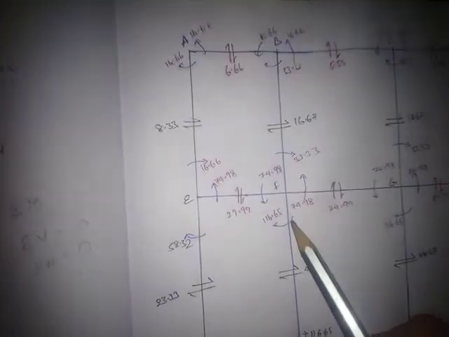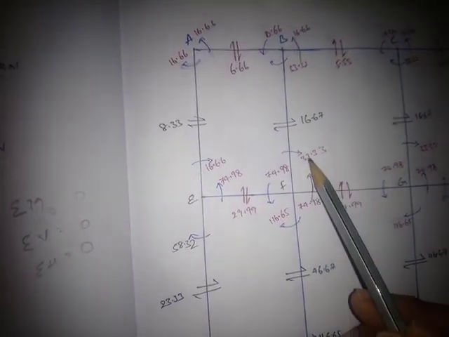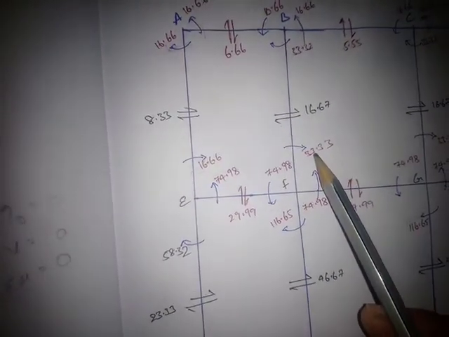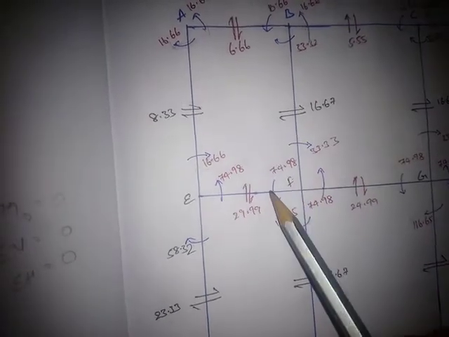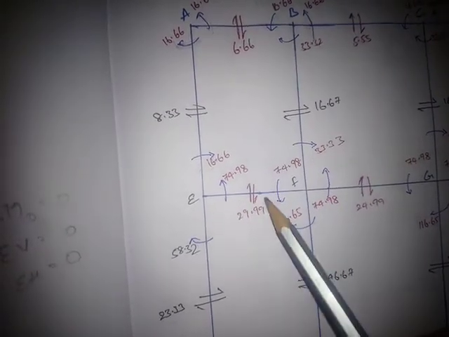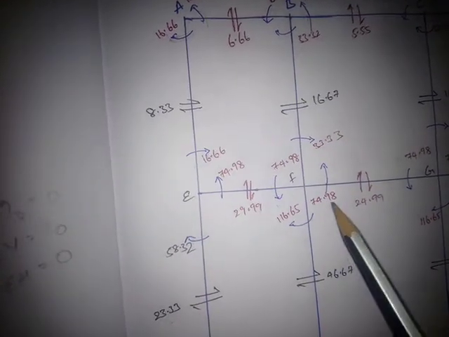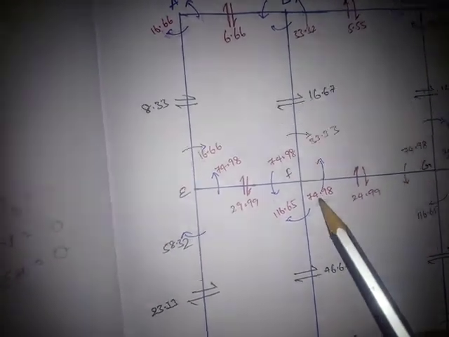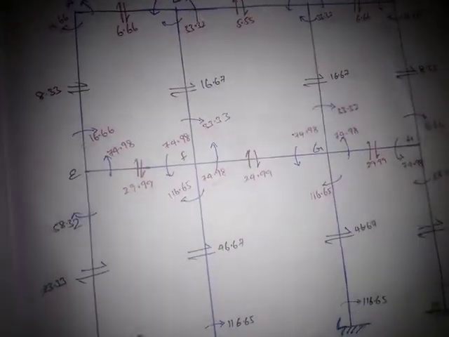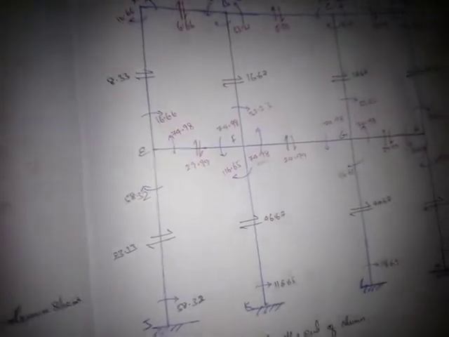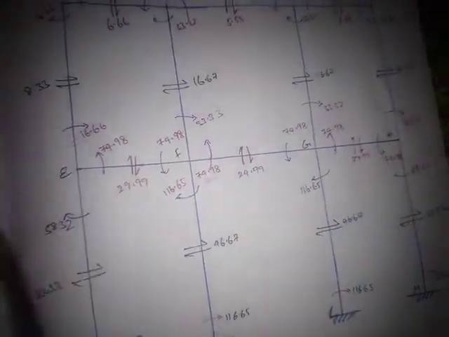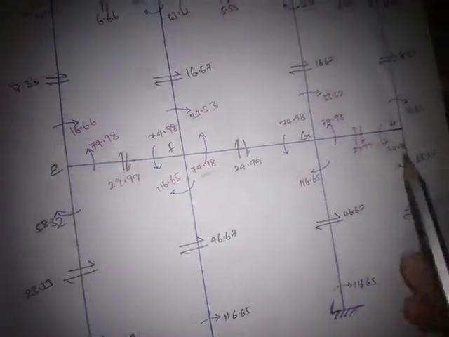Here we have the columns, that is 116.65 and 33.32. And as we have just now calculated FE, that is 74.98, from this we will get the value of FG as 74.98. Okay, similarly we will do it for G, and the same values we will have for G and F.